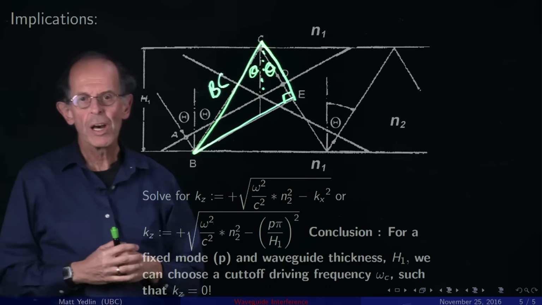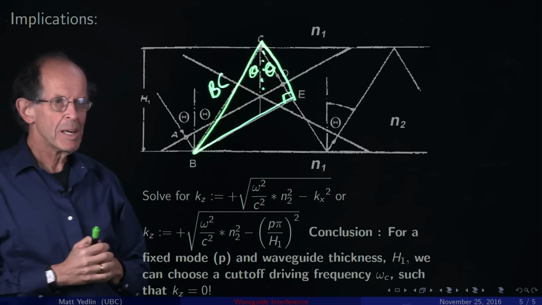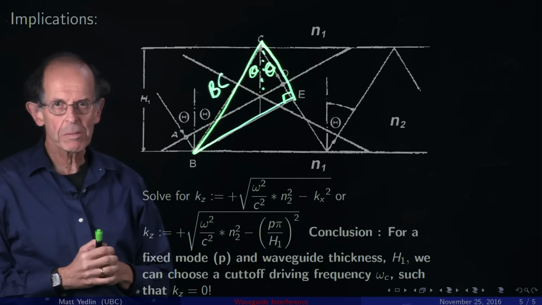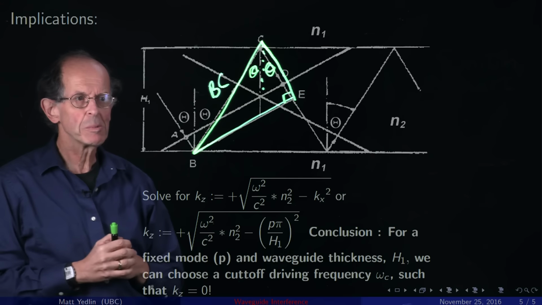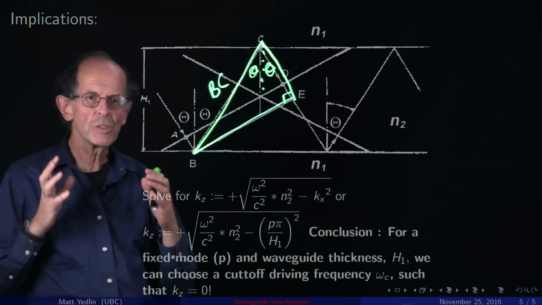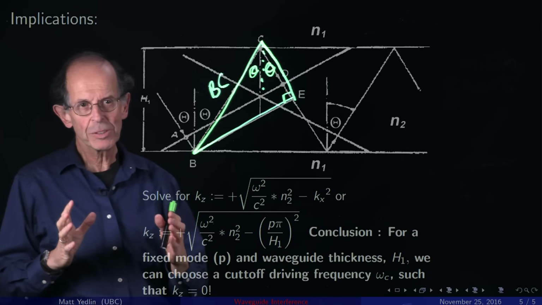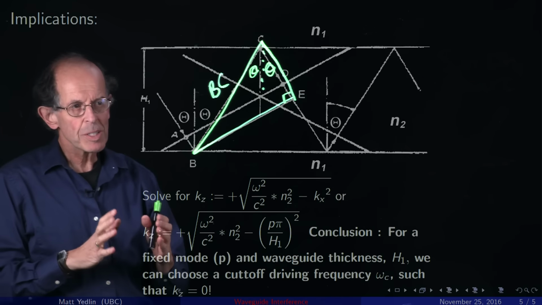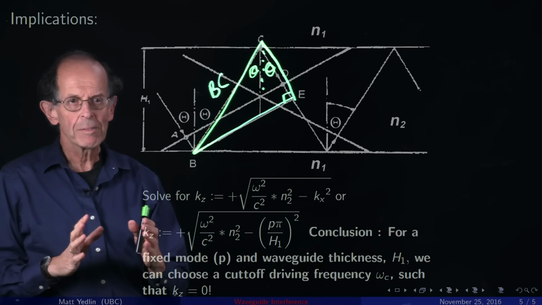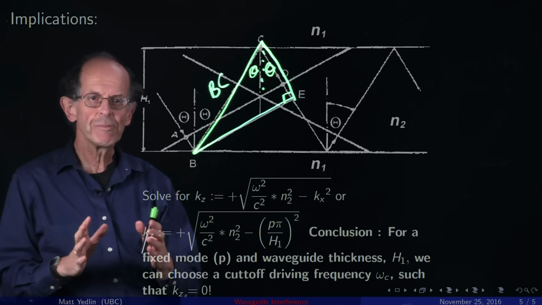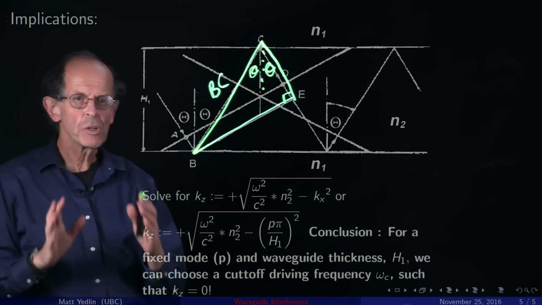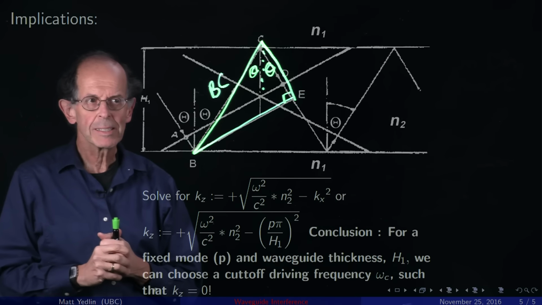If we choose omega low enough, the difference between the quantities in the square root will be 0, and kz will vanish, and there will be no energy propagation down the guide. And that frequency is called omega cutoff. So the guide acts as a filter. If the frequency is too low, no energy goes down the guide.